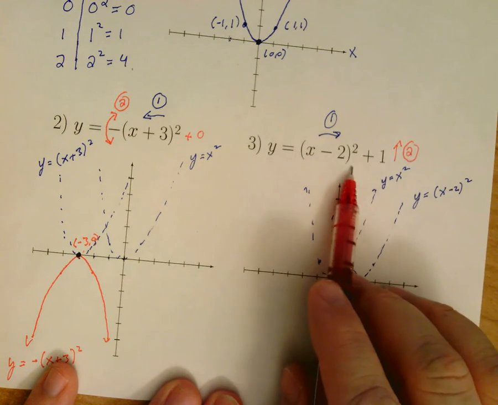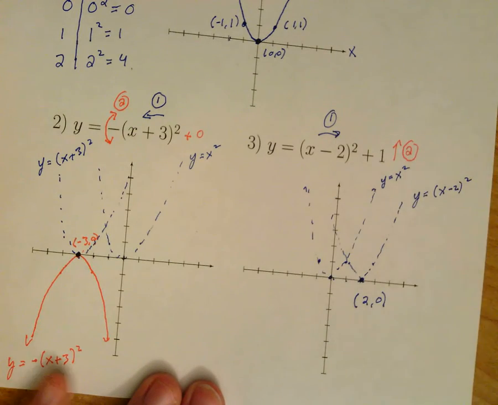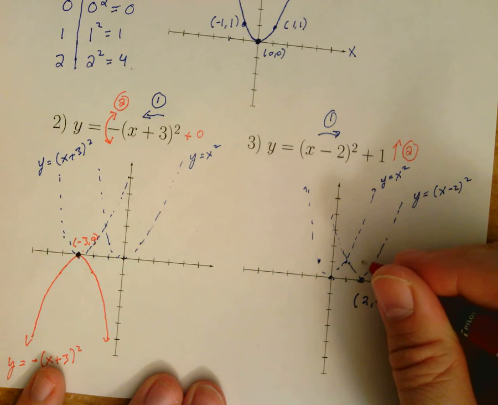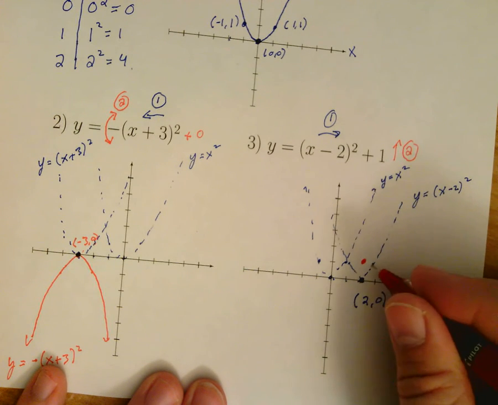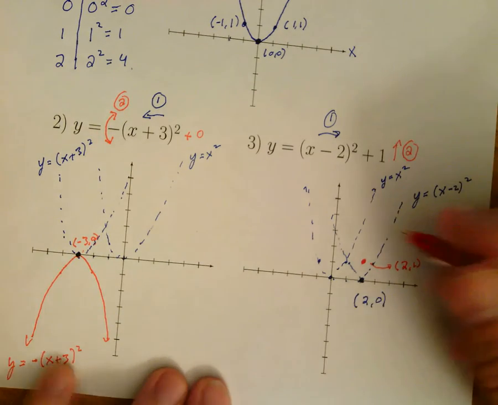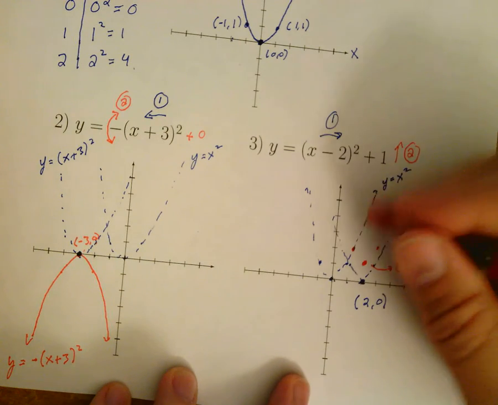And again, when you do the order of operations, you always go from inside out. If you do any other kind of operations, it's not going to work. So if I move up 1, notice that that point is now 2, 1. And then if I put another point down, again, I'm just shifting everything 1 unit.